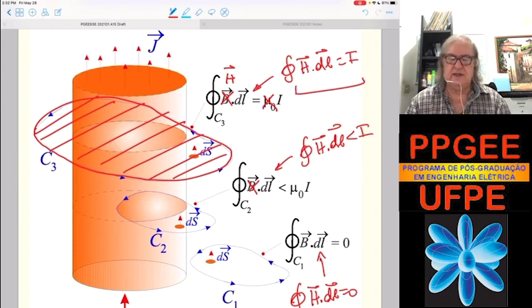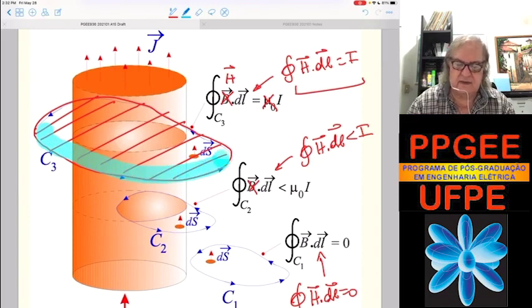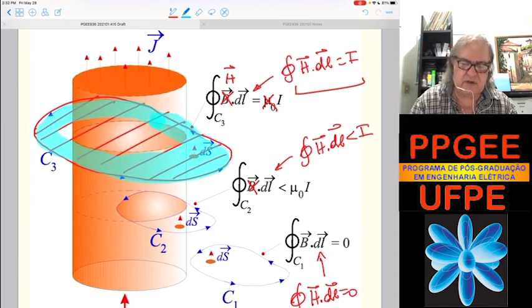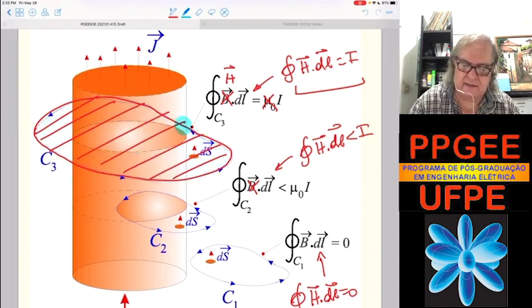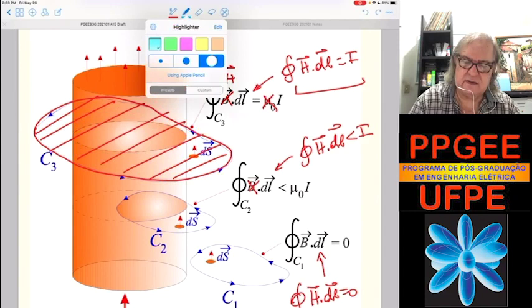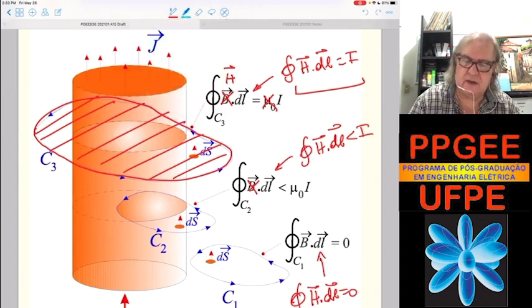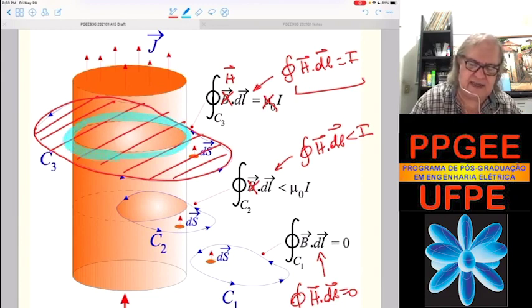When we make the integral over the area outside of the cylinder, the contribution of the integral in the area that's outside of the cylinder is going to be zero.